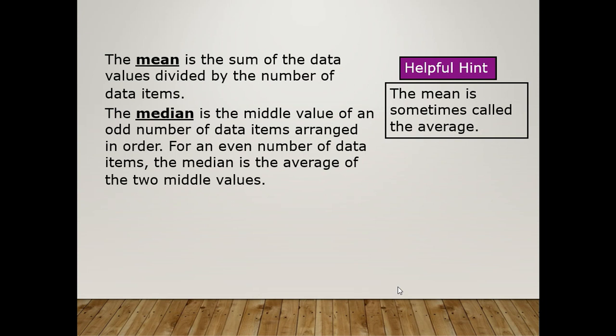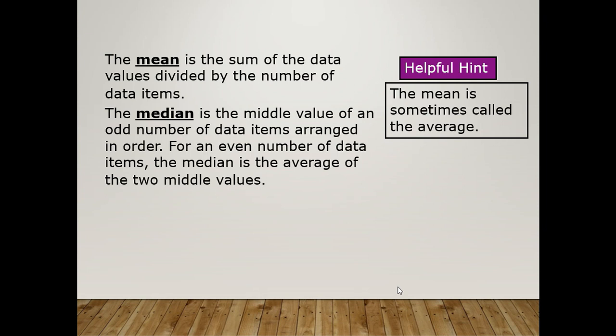Next one is the median. Pag sinabi nating median, this is the middle value of your data set. And there are two ways to get the median. Yung isa po, kapag odd number yung data set natin, automatic yung pinaka middle value niya, siya po yung magiging median natin.